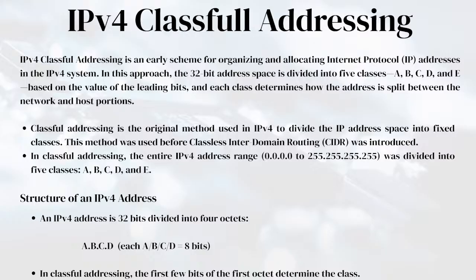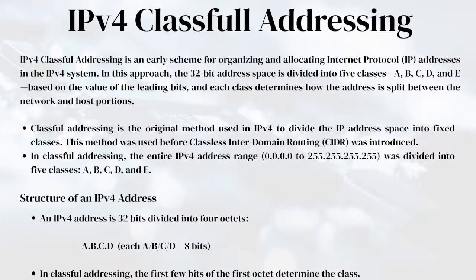In this approach, the 32-bit address space is divided into 5 classes, that is A, B, C, D and E, based on the value of the leading bits, and each class determines how the address is split between the network and host portions. Classful addressing is the original method used in IPv4 to divide the IP address space into fixed classes. This method was used before classless inter-domain routing, CIDR, was introduced.